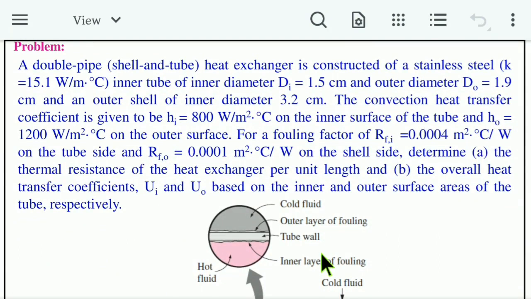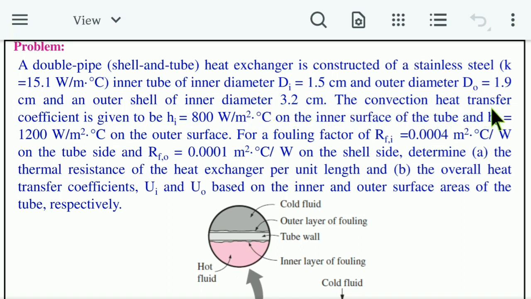There is a problem. A double pipe shell and tube heat exchanger is constructed of stainless steel, K equal to 15.1 watt per meter degree Celsius, with an inner tube of inner diameter DI equal to 1.5 centimeter and outer diameter DO equal to 1.9 centimeter, and an outer shell of inner diameter 3.2 centimeter.